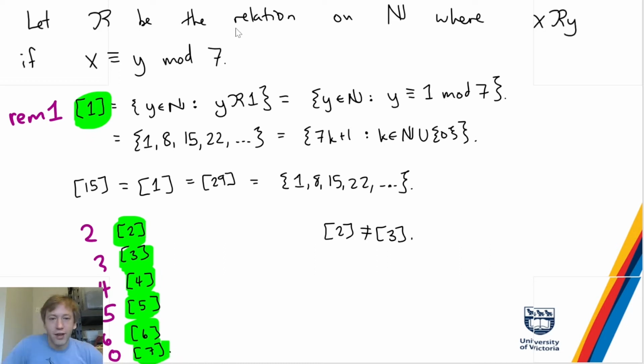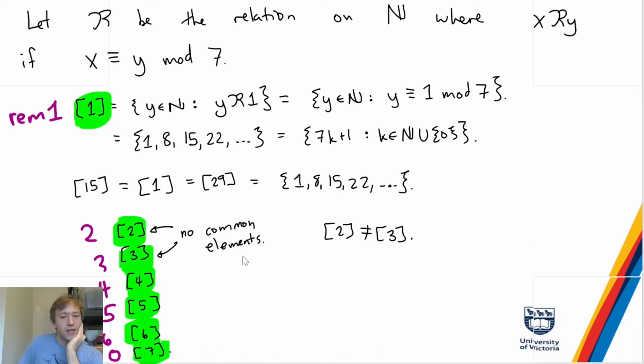Okay, so if you think about it, this equivalence relation has broken up the natural numbers into 7 different sets. And these 7 different sets are completely disjoint. There can't be any number which is in this equivalence class and also in this one at the same time. So these have no common elements.